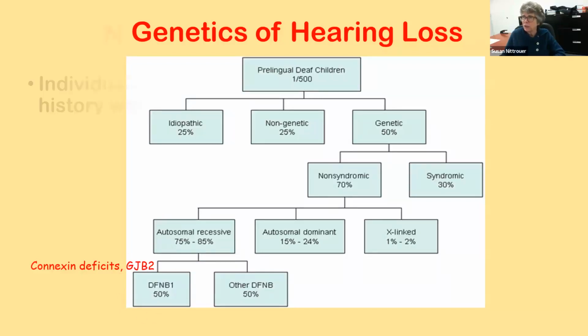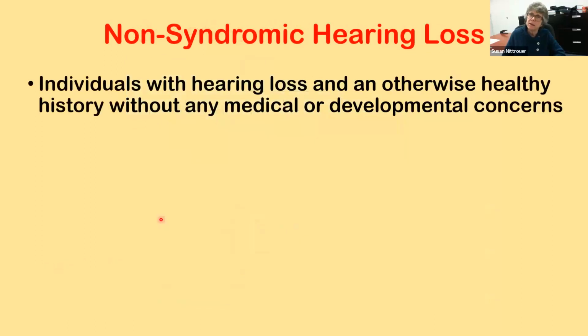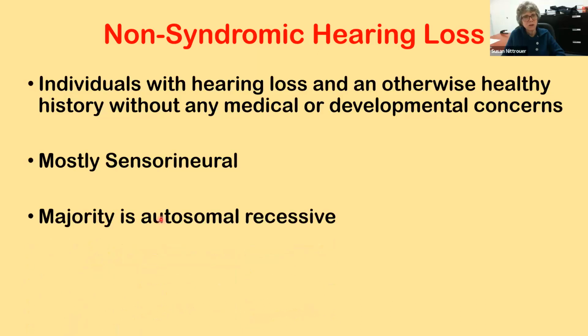Okay, now let's look at these kinds of congenital hearing loss and what they mean for the individual. So non-syndromic hearing loss, again, an individual with a non-syndromic hearing loss is otherwise healthy with no other medical or developmental concerns. It's mostly sensorineural, and the majority is autosomal recessive, as we discussed.